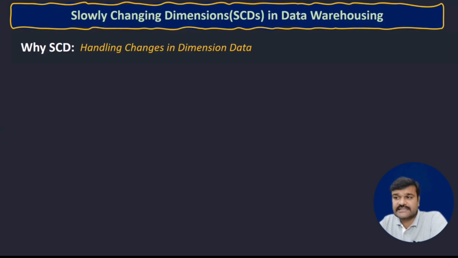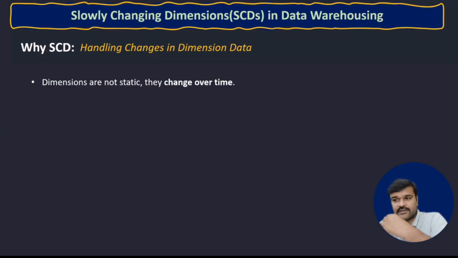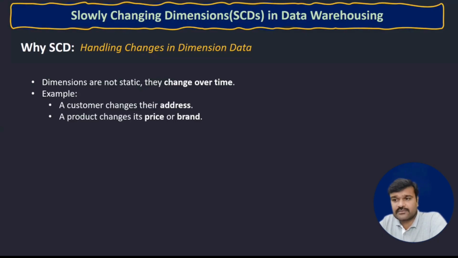It is about handling changes in dimension data. What does it mean? Dimensions are not static. They are going to change over time, continuously. You have to connect what I am telling with our previous discussion. So what is a dimension?